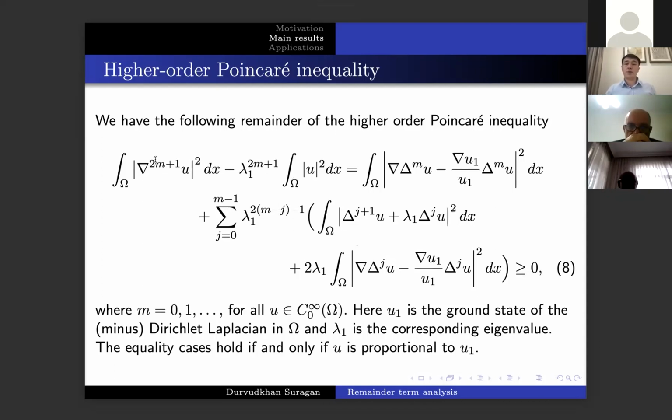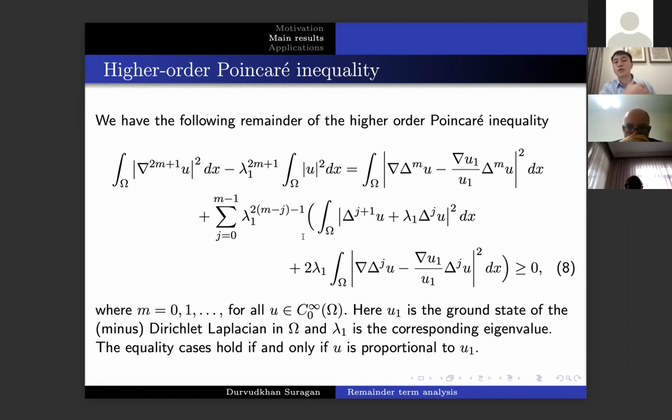And how about the odd case? It's the same. The discussions can be directly extended to this case, but the only difference is that on the right-hand side we have some extra term, but still this extra term is positive, and the conclusion can be drawn.